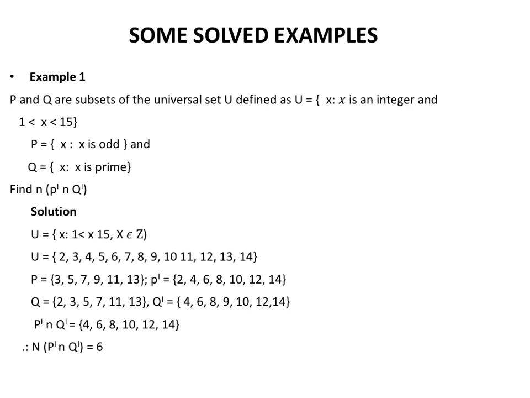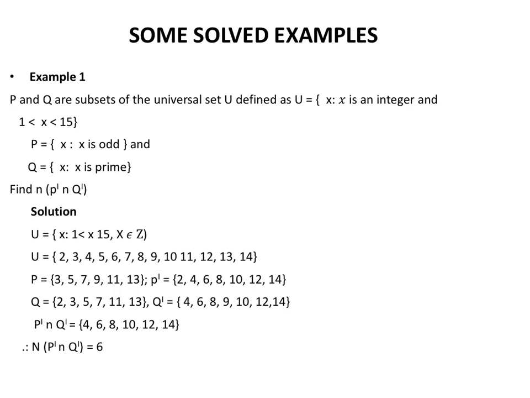Q is the set of prime numbers between 2 and 14, so we'll select them out. We have Q equal to 2, 3, 5, 7, 11, 13. Q prime will then be all the elements in the universal not in Q, and we have 4, 6, 8, 9, 10, 12, 14.